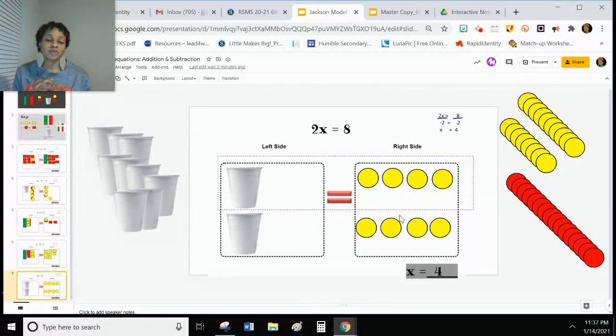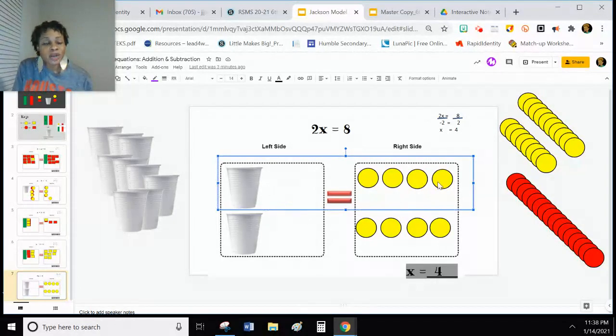So what I had to do was take those 8 counters and divide them among the 2 cups. And I said, 1 for you, 1 for you, 1 for you, 1 for you, 1 for you, 1 for you. And then when I ended up, 1 cup had 4 counters. So 1 cup, remember, equals x, our variable, our unknown. So the value of x is positive 4.